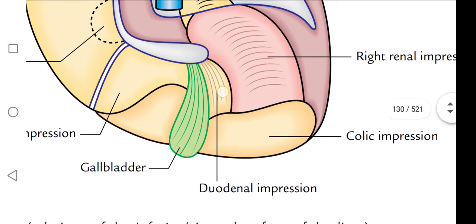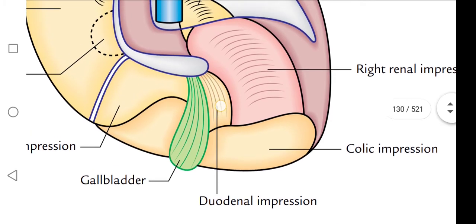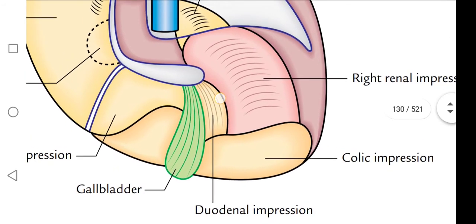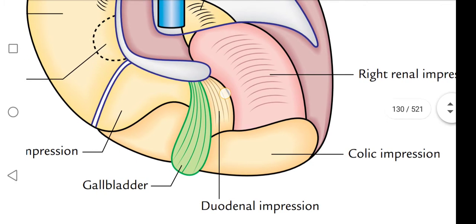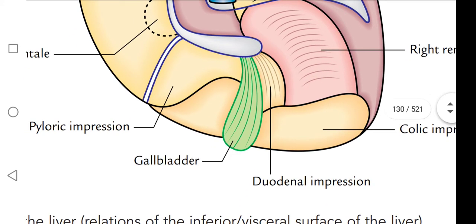This is the duodenal impression, and it is present on the upper right part of the gallbladder. Here is the junction of the first and second parts of the duodenum joining, which is present at the upper right of the gallbladder fossa.